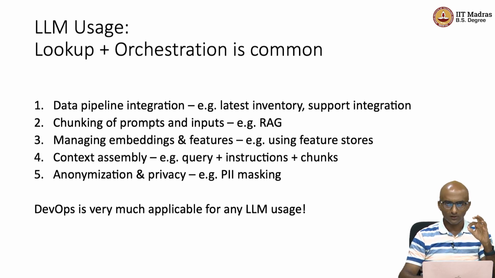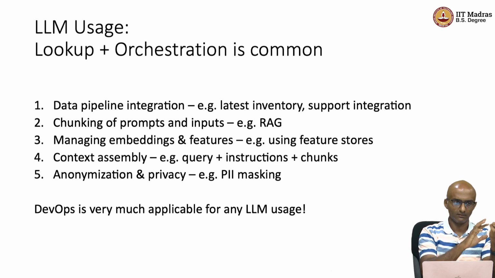So long story short, if you look at the usage of an LLM, it's just like any other API, right? The fact that it's an LLM is important for a few reasons. One, you're not going to get a predictable, consistent, deterministic response all the time. So how do you account for that variation?